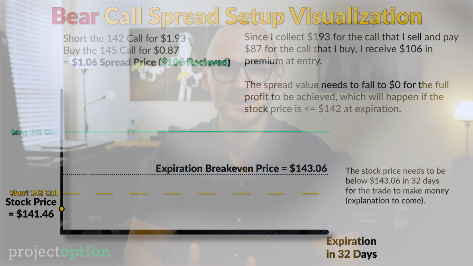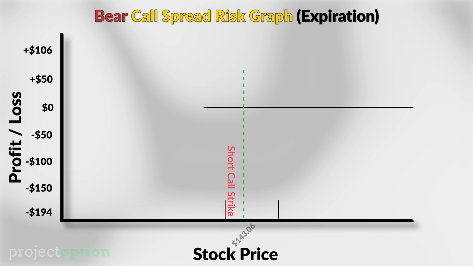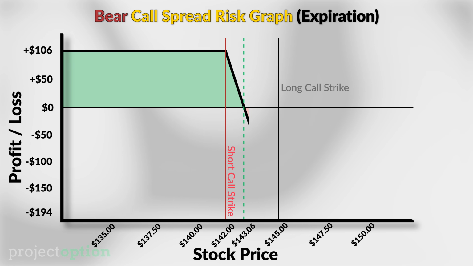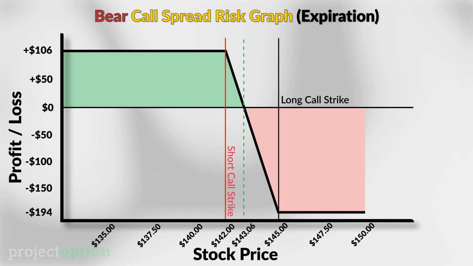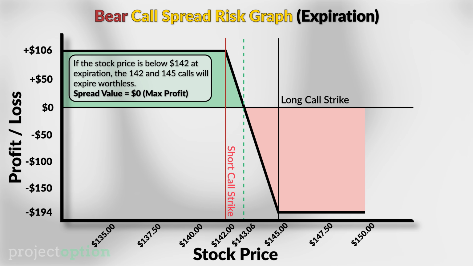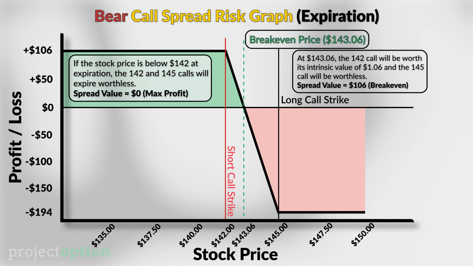So let's look at the expiration payoff graph for this position. As we can see, the best case scenario is that the stock price is below 142 at expiration, as that would lead to the 142 and 145 calls expiring worthless, which means the call spread's value is $0. If I short the call spread for $106 and it expires worthless, I'll make the full profit of $106.